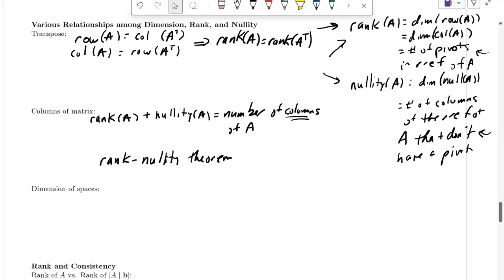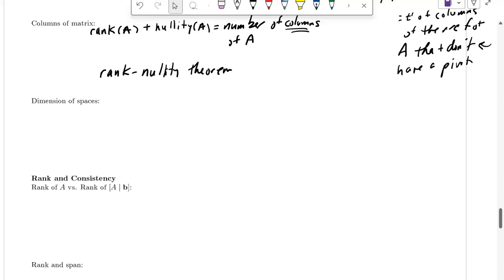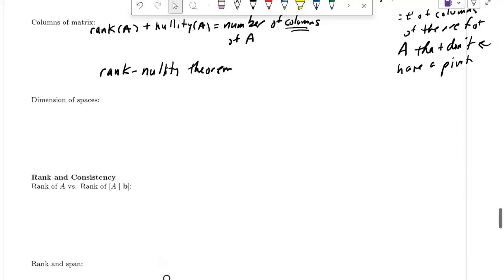So then the dimensions of the spaces here, this again is what I'm talking about off to the side. I'll write it again even though I've written it off to the side of the paper already. The rank is your common dimension of the row space and the column space.